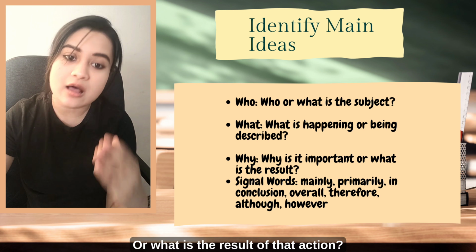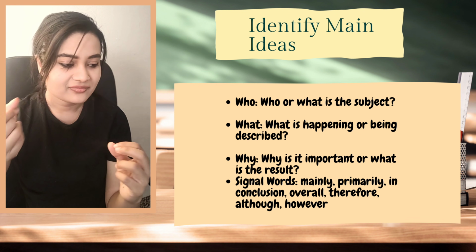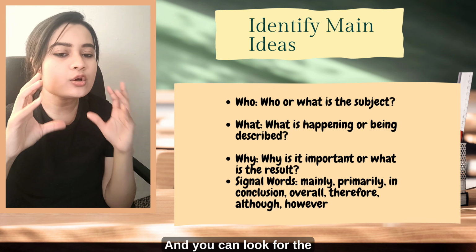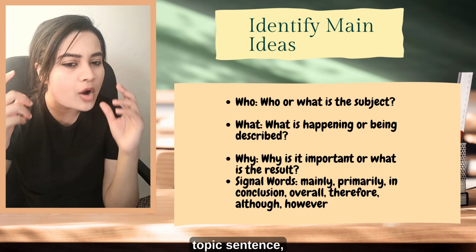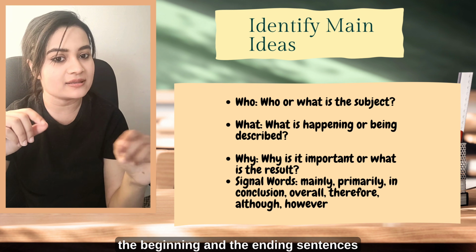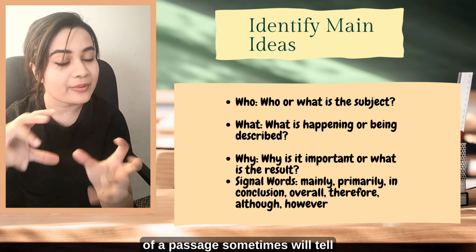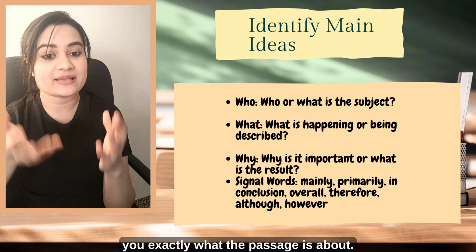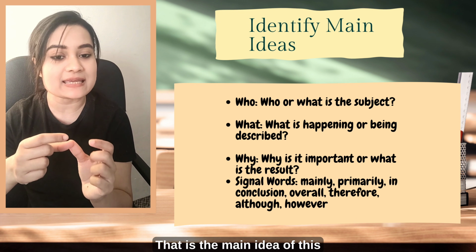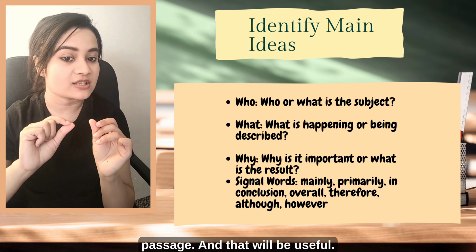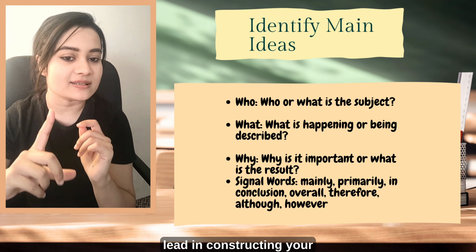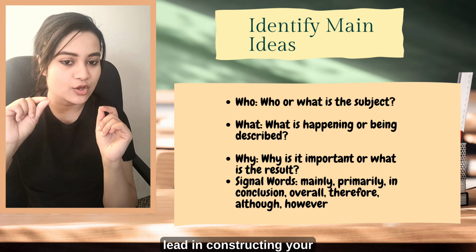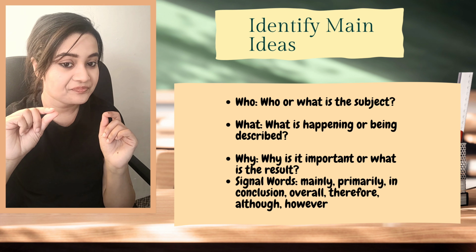Or what is the result of that action? And you can look for the topic sentence. The beginning and the ending sentences of a passage sometimes will tell you exactly what the passage is about. That is the main idea of this passage, and that will be your lead in constructing your summary sentence.